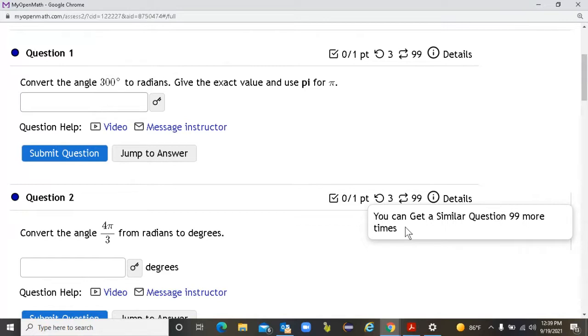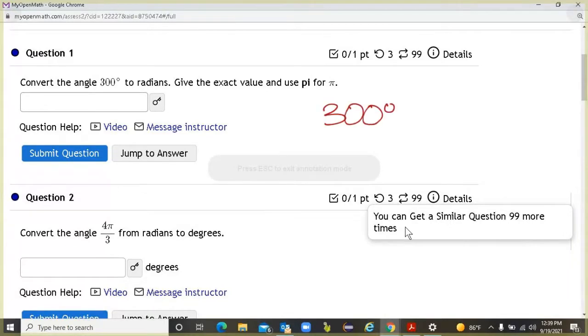So let's see what that is. Okay, so remember kind of how this works, converting back and forth. If you've got 300 degrees and you want to convert that over to radians, you know it's going to have 180 and pi in it. So just kind of remember those.